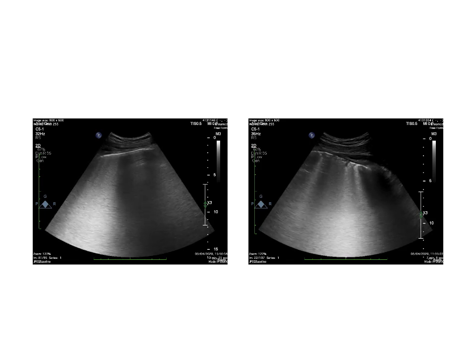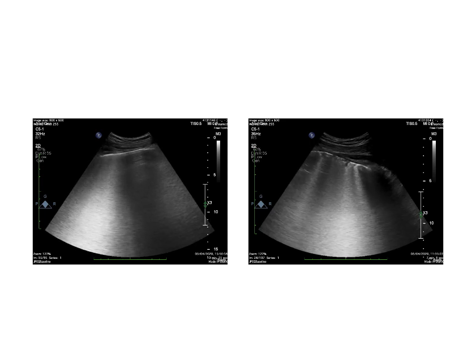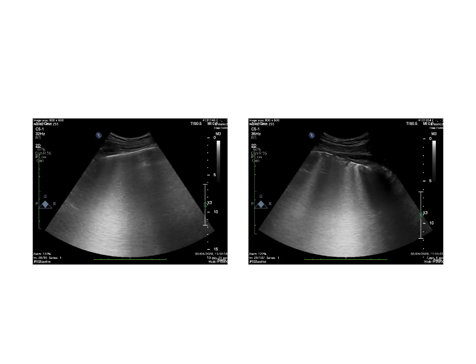These are actually many B lines combined together to make a curtain-like pattern of confluent B lines. And this is a description that could be correlated to the presence of ground glass pattern on the CT scan of the chest. And they reflect a degree of alveolar edema.